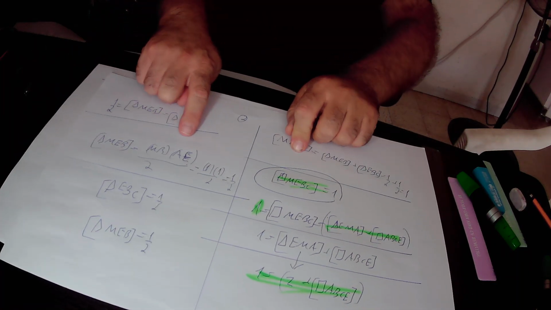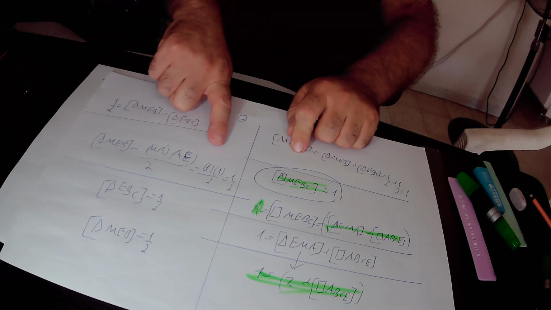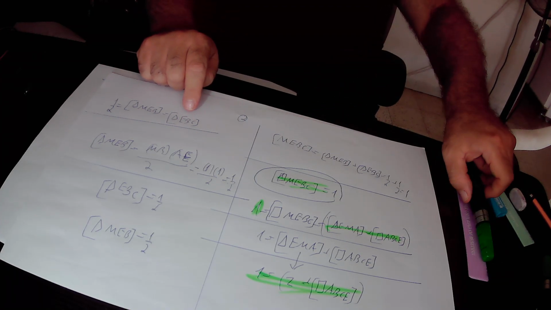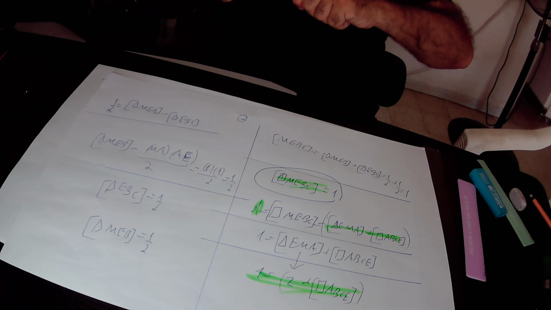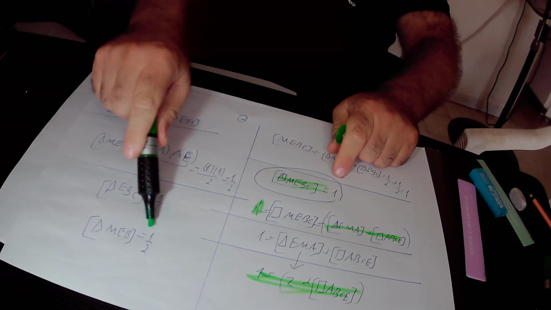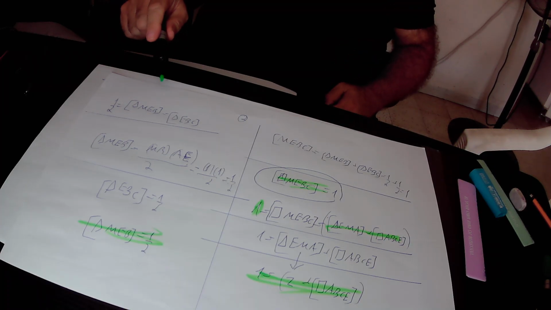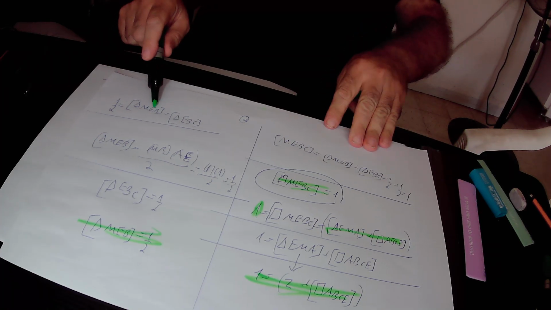MB is 1, AE is also 1, so it is 1 times 1, that is 1 over 2. So the area of triangle MEB is equal to 1 half square inch.